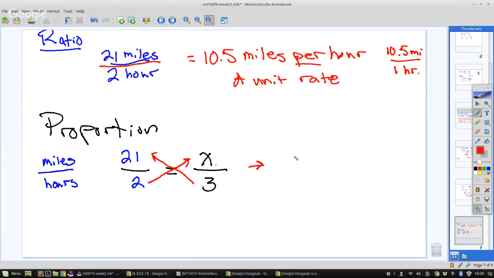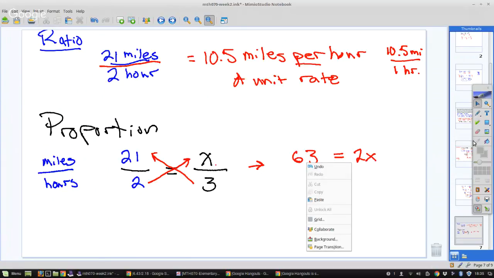21 times 3 would be 63 equals 2 times x, which is usually called 2x. So there's cross multiply, and then the next step would be to divide. So I would want to divide by that 2 right there. And so the number of miles is going to be whatever 63 divided by 2 is.